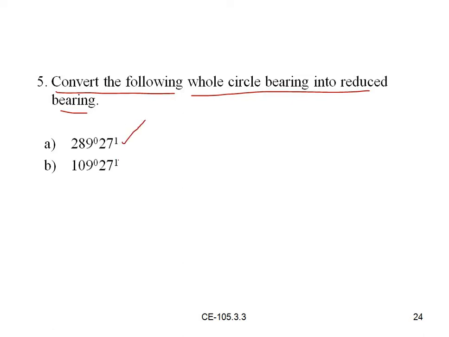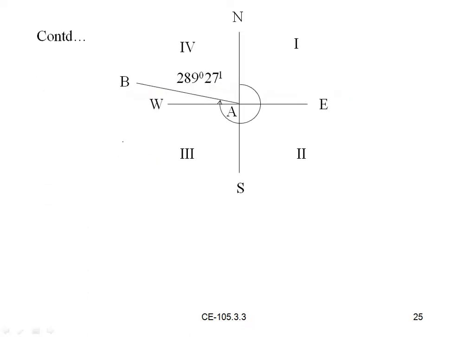Now let us see the fifth example. Convert the following whole circle bearings into reduced bearings: 289 degrees 27 minutes, 109 degrees 27 minutes, 219 degrees 54 minutes, 39 degrees 45 minutes.